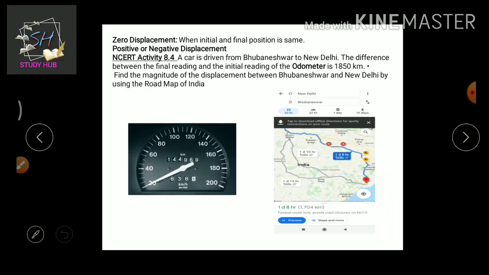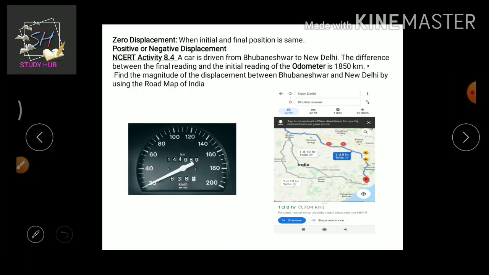Now, what is an odometer? An odometer is a device that is fitted in automobiles to measure the distance traveled. So here it is saying the odometer records that the distance from Bhubaneswar to New Delhi is 1850 km.